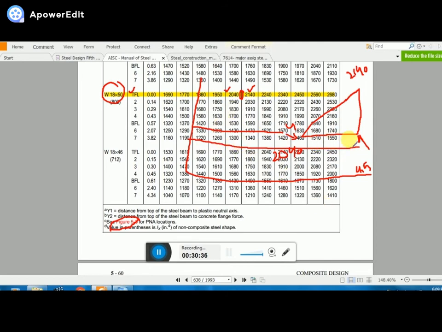Clear? Now you need to find this value, but remember you have to mark your required value, 4.1, and for 4 versus 4.1 we have to find this value. Assume this value is y. To find this perpendicular: it is 2140 minus 2040. Clear? This is 2040, so this will give you your perpendicular.